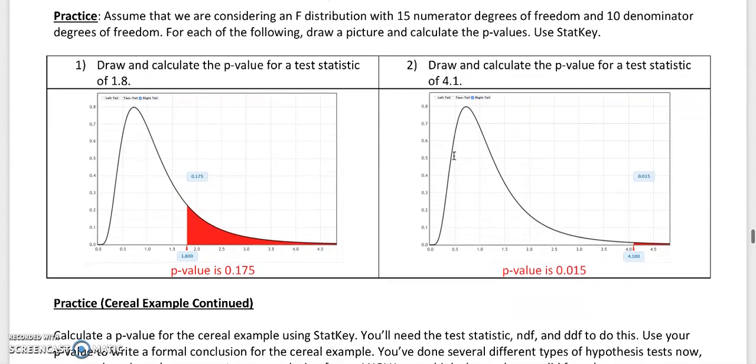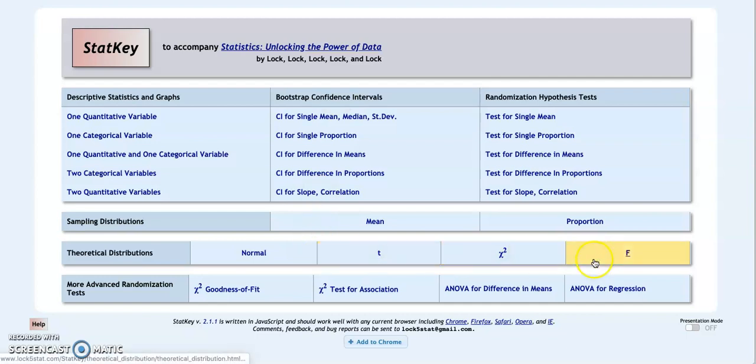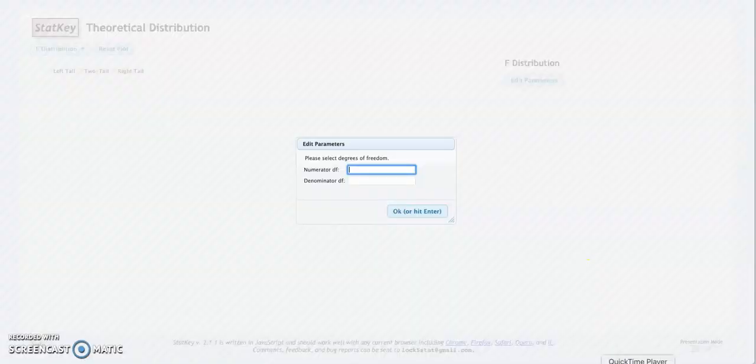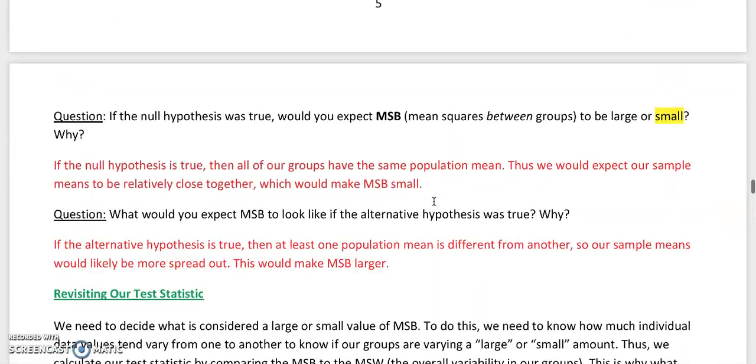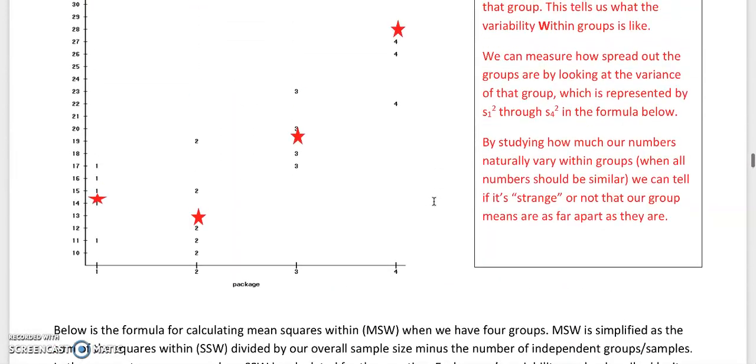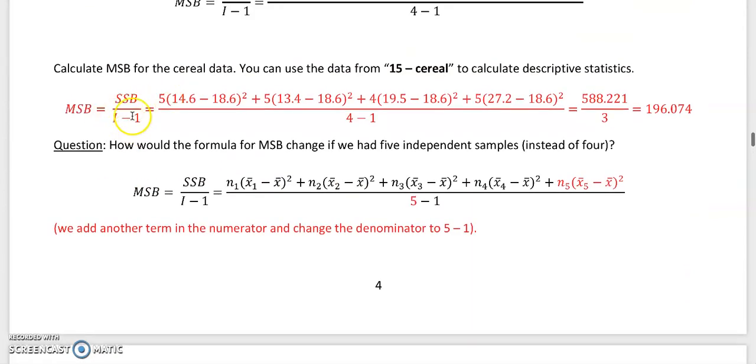But what I want to do is revisit our cereal example, and let's do that problem for this one here. So I'm going to go to StatKey, and I'm going to choose F distribution, and it's going to ask me for my degrees of freedom. So let me go back here, and let's remind ourselves, for mean squares between, I've got I minus 1 down here on the bottom, which means my numerator degrees of freedom is going to be 3.